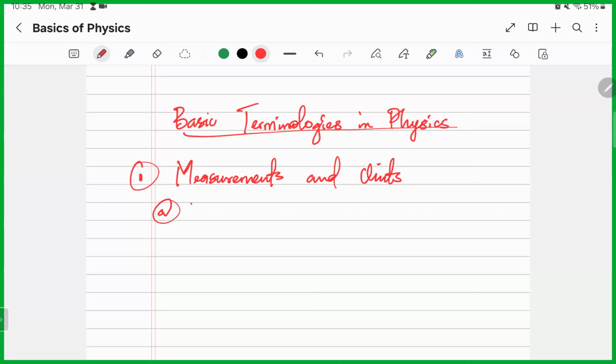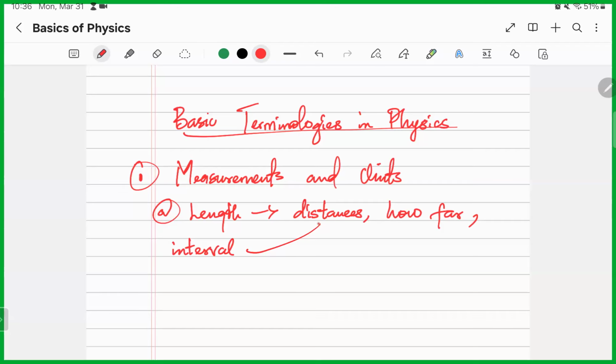A basic terminology here is length. Length refers to trying to get the distances between points. How far, talk about how far things are. The interval in terms of distance, or the space between 2 points.